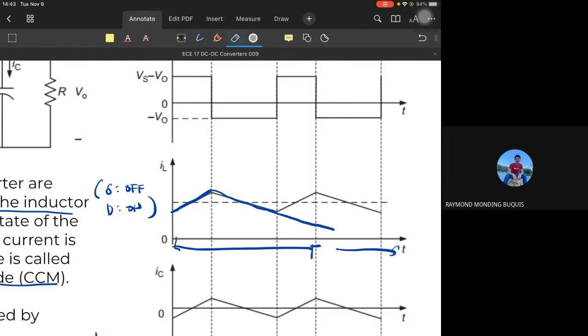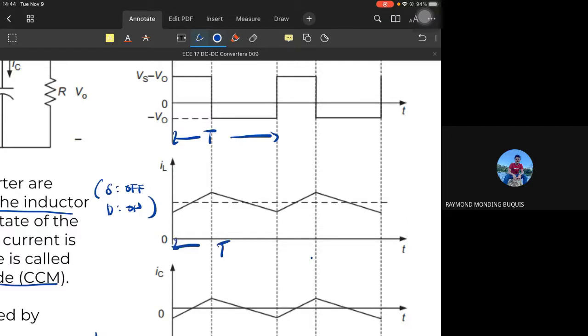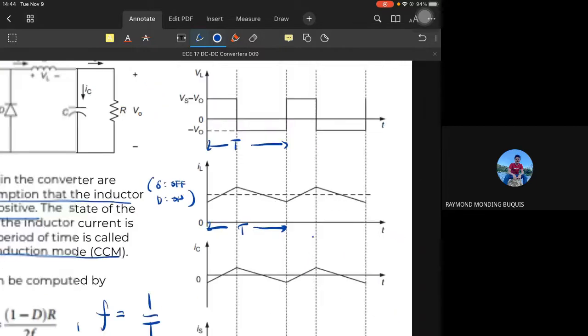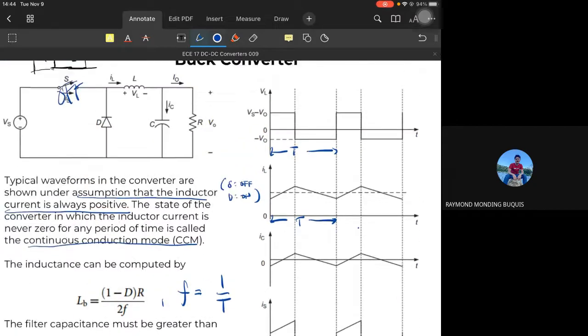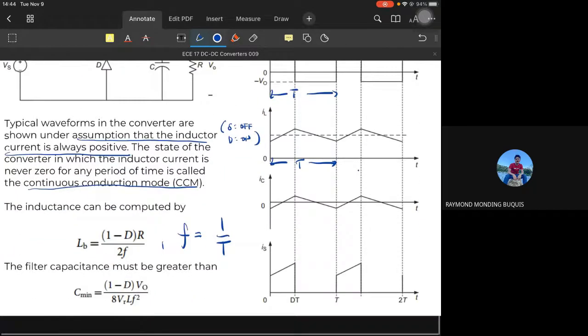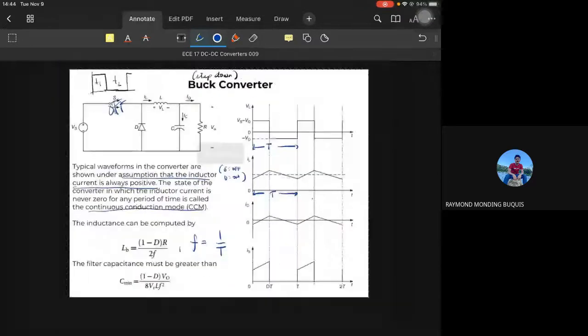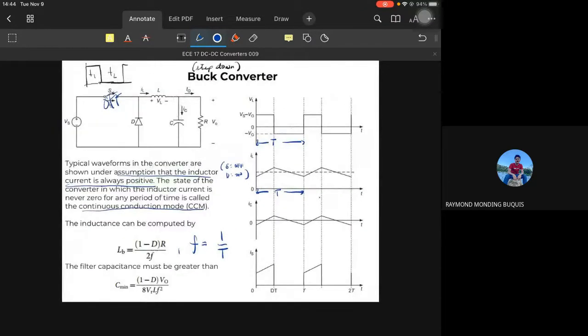Again, we don't want that to happen. So we need a smaller value of T, or a larger value of tau, the time constant L over R. So the larger the value of the inductor, the better. So that's for the buck converter.